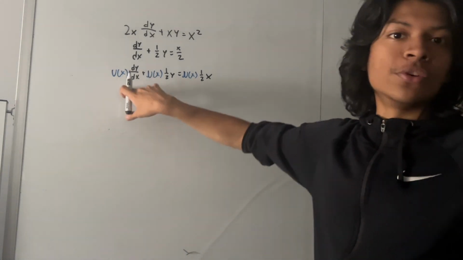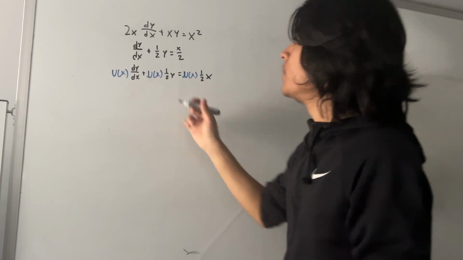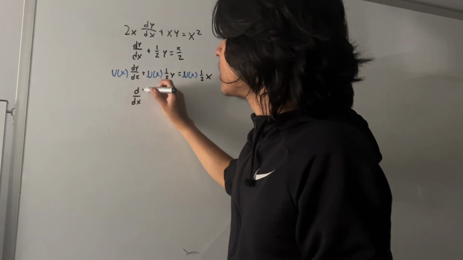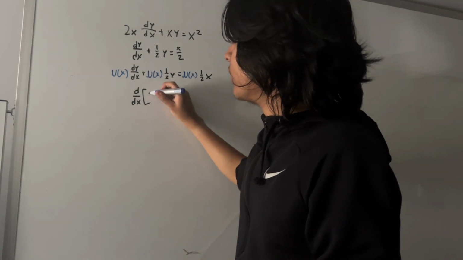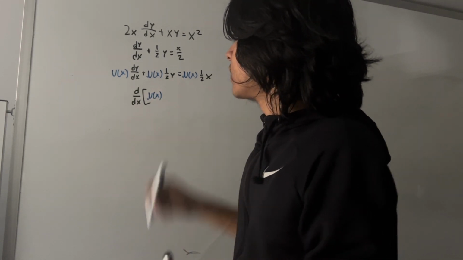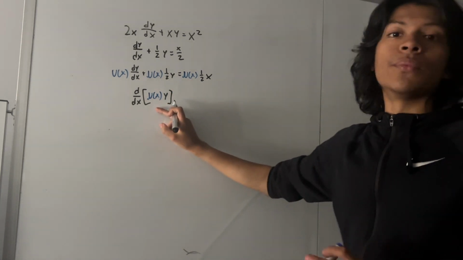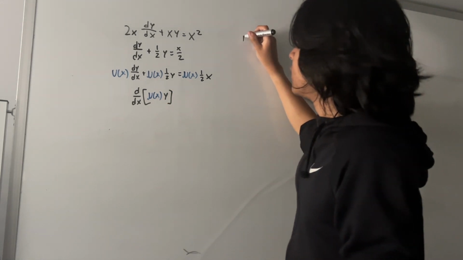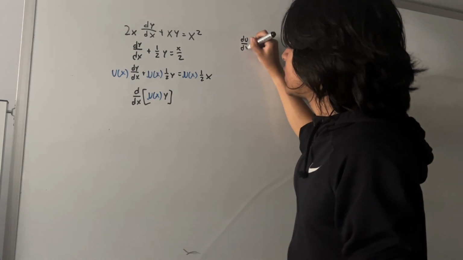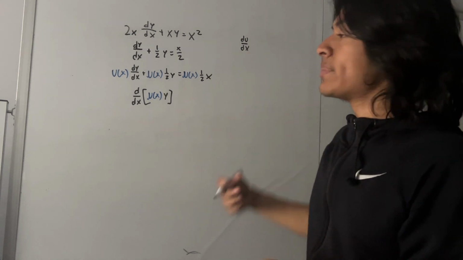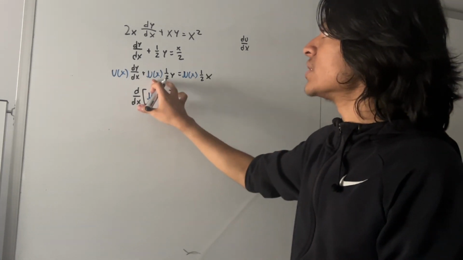Now again, we're assuming this left side is just a product rule. So d dx of u of x times y. And when we do that, we're assuming du dx, when we take the derivative of u with respect to x, that the solution is this part right here.